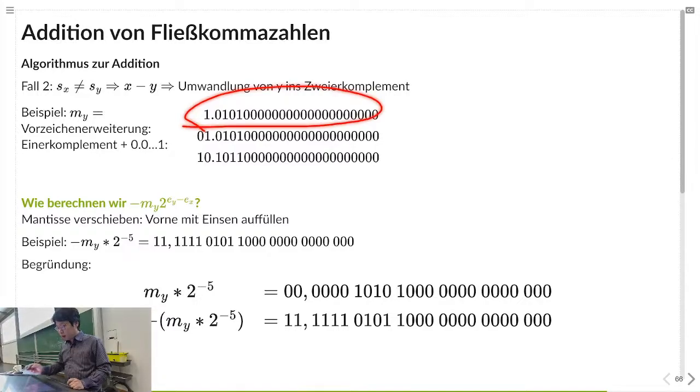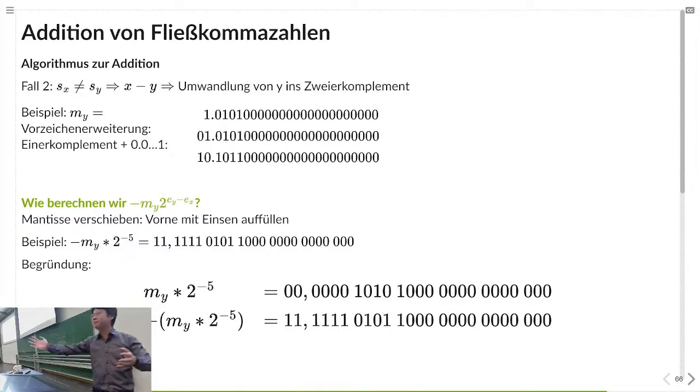Das erste Bit ist unser Vorzeichenbit. Und dann machen wir jetzt die Komplementdarstellung. Die Einerkomplementdarstellung kippt alle Bits bis zum Ende. Dann plus 1.